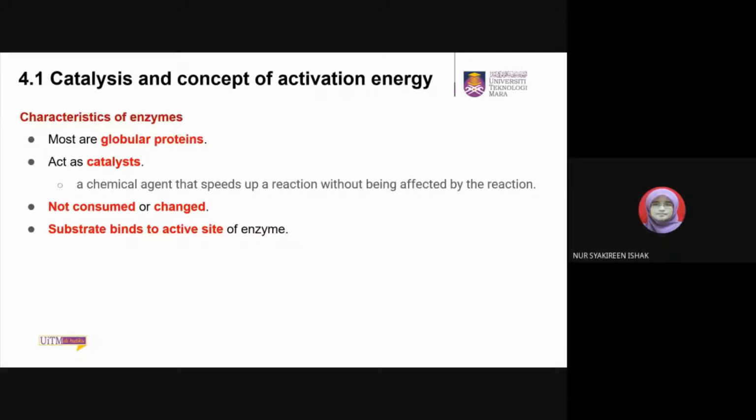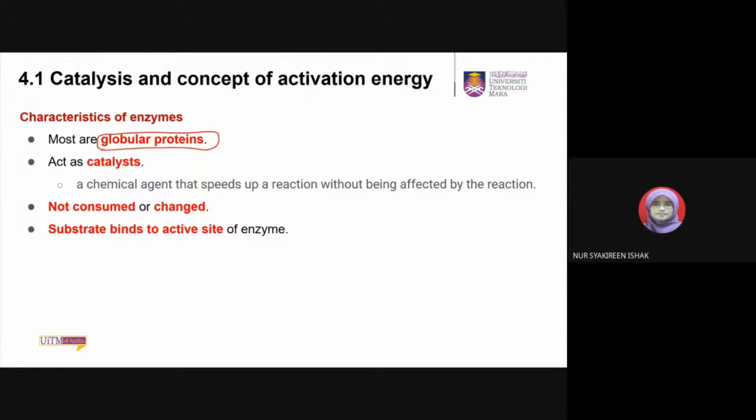So characteristics of enzyme. Most enzymes are globular proteins. So this one we have looked at in chapter 1 for proteins. Okay, so you can classify protein based on its structure. Proteins can be globular proteins or structural proteins, right? Fibrous proteins, globular or fibrous.